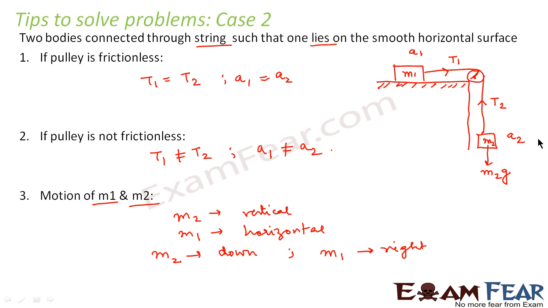That means M2 is moving like this, that is A2 is like this, then A1 will be this way, that is it will move towards right. So this is how the motion will be governed. So I have already discussed certain tips which you need to follow to deal with the numerical problems which we are going to discuss hereafter. So now let us look at the first problem.